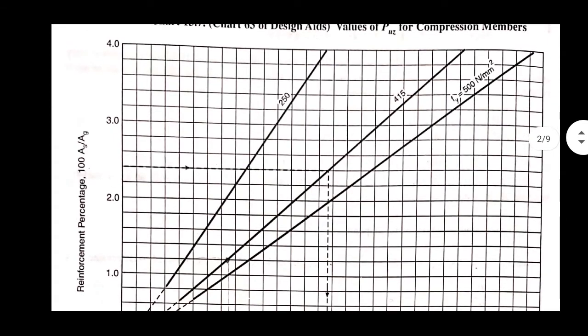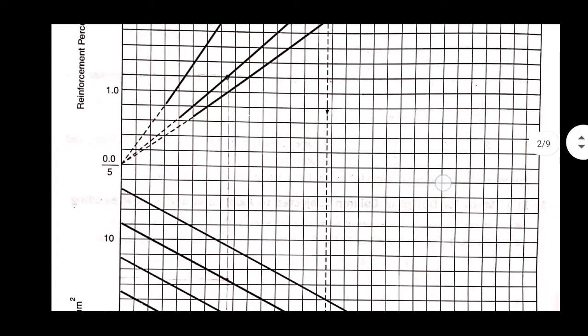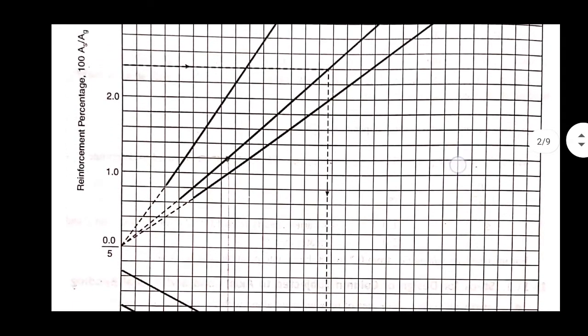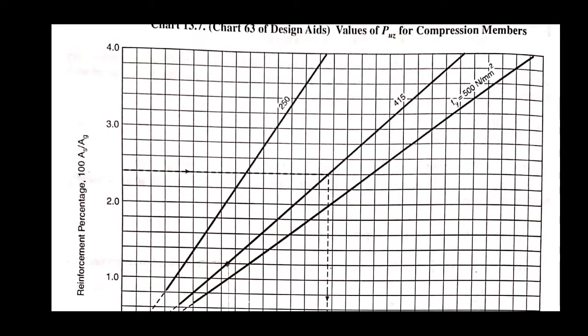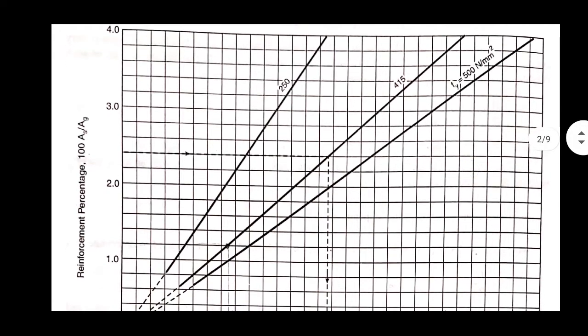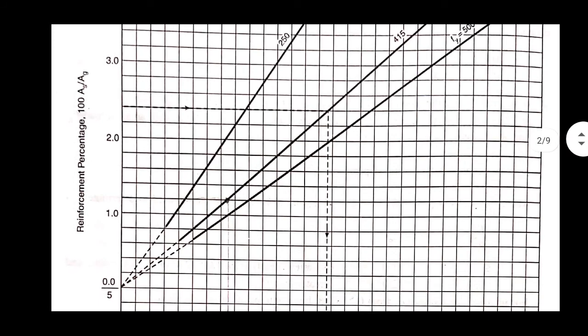There are two parts of this graph. In the upper part, the y-axis is 100 As by Ag, that means the percentage of steel, which is 1.2 as per our assumption, and the curved lines are for fy. So in our consideration, fy is 415. Here 1 is marked and 2 is marked. There are 5 divisions, so the next line just above the one marked is 1.2.